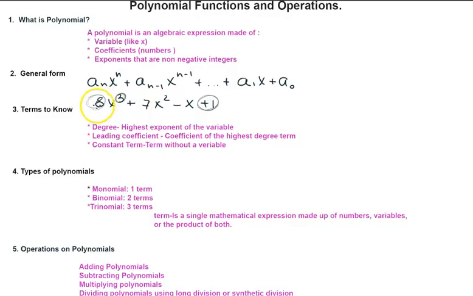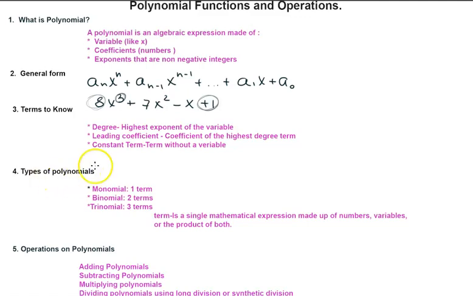Just to go over the coefficients, we figured out 8 is the leading coefficient, then 7 is the coefficient of x squared, then -1 is the coefficient of x, even though there is no number written, because you know that x is 1x, meaning there is a 1. So the coefficient of x will be -1, and then the constant is 1.